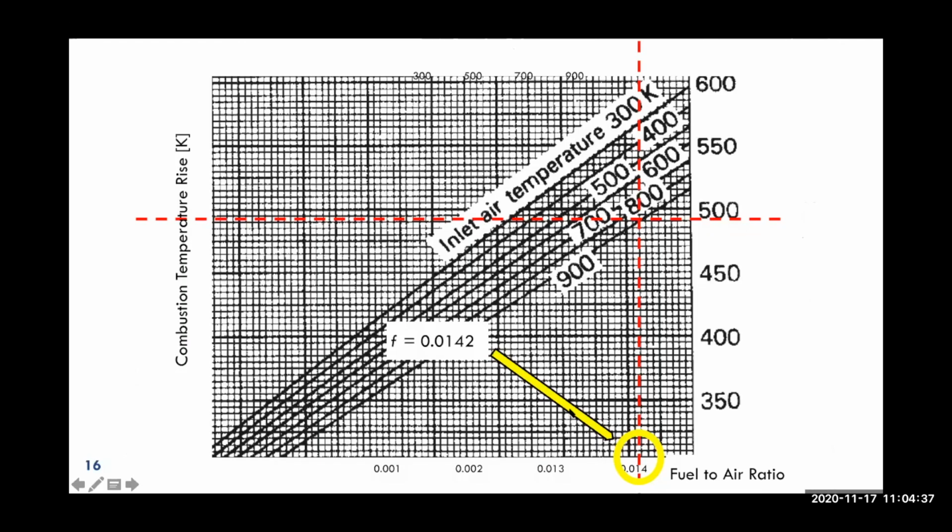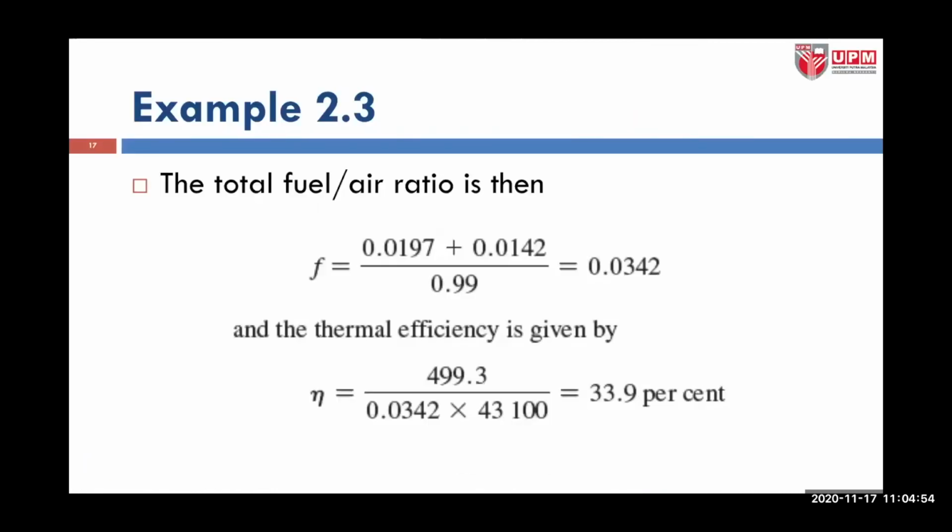And then for the second combustor, by putting the value of the combustion temperature rise and the inlet air temperature, you will get the corresponding value of 0.0142 for the theoretical fuel to air ratio.